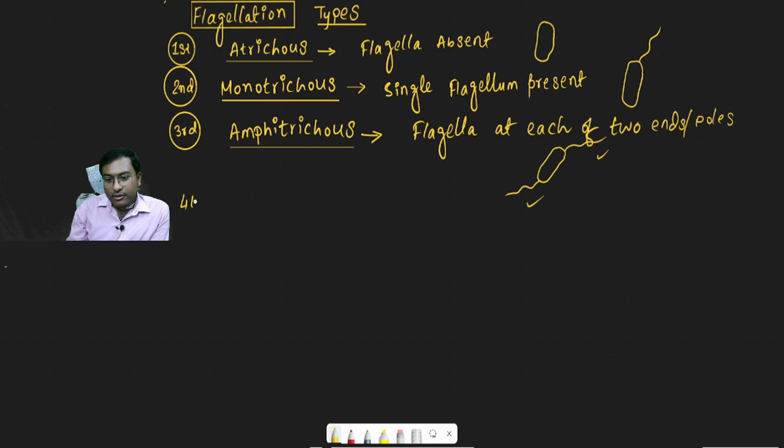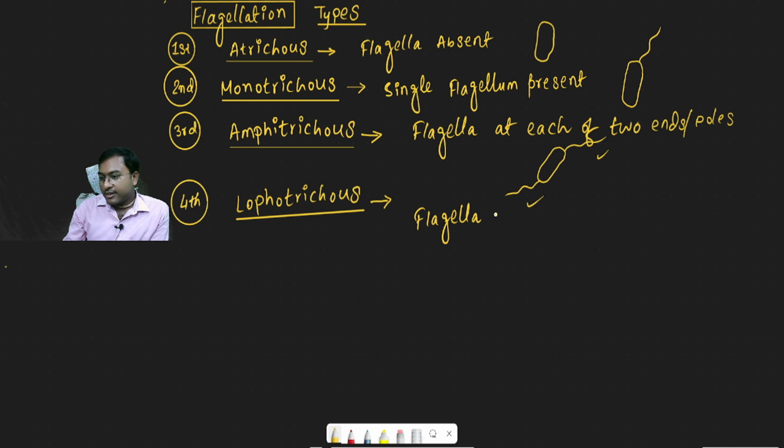Then the fourth type, which is also very important, is known as LOPHOTRICHOUS. Here flagella are present as a group, in tuft form, at one end.